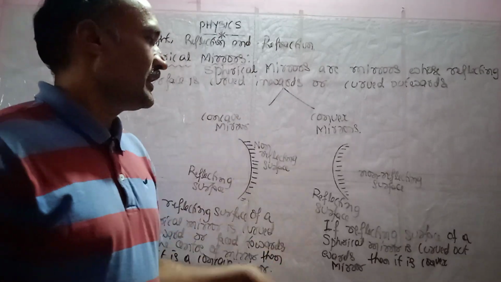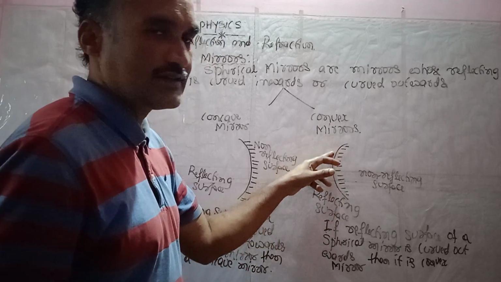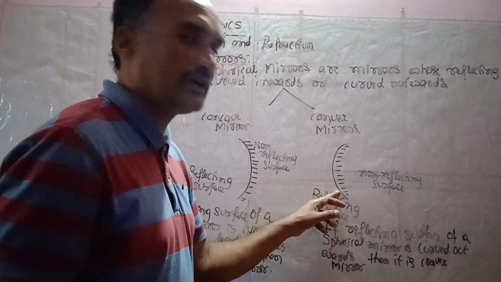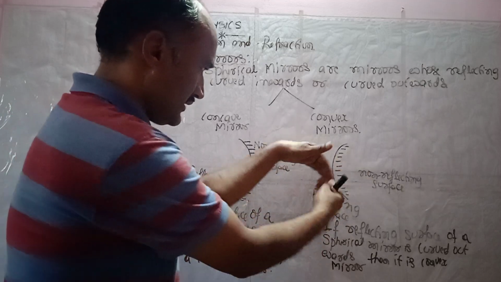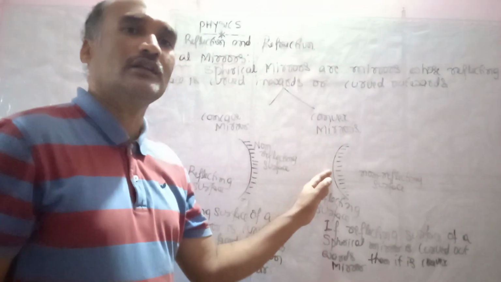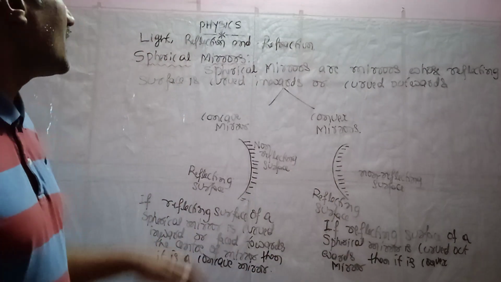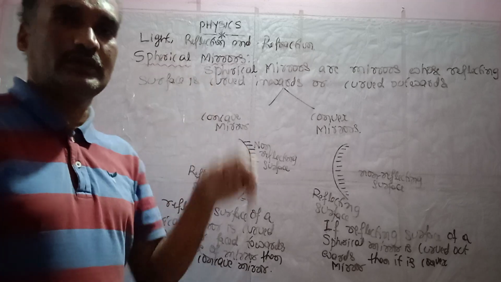Opposite to this, if the reflecting surface of a spherical mirror is curved outwards, bulged outwards, then such a mirror is called a convex mirror. I think you understood the types of mirrors and what a spherical mirror is.